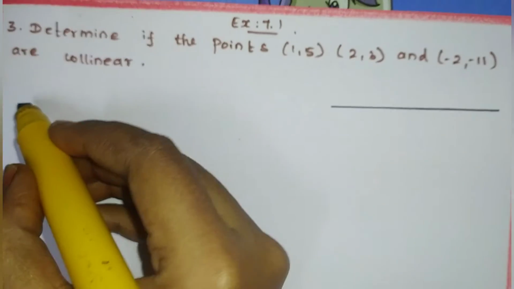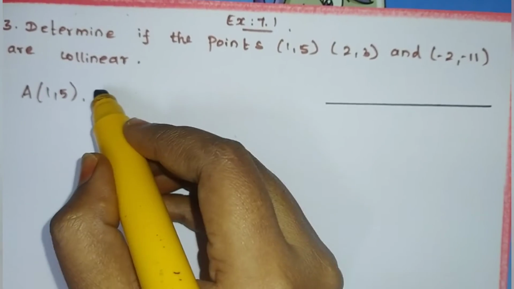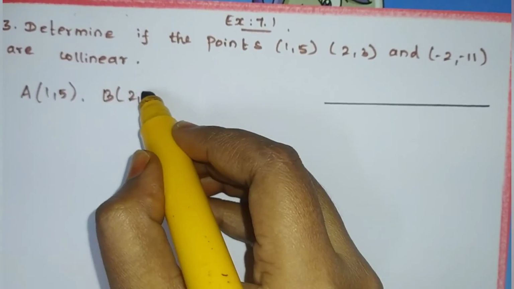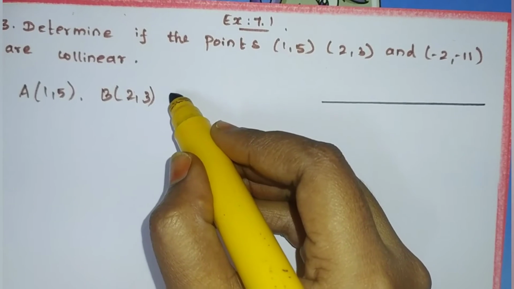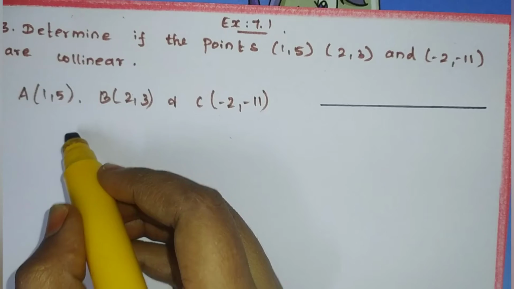So first, I am going to take the first point as A (1, 5), B (2, 3) and C (-2, -1).